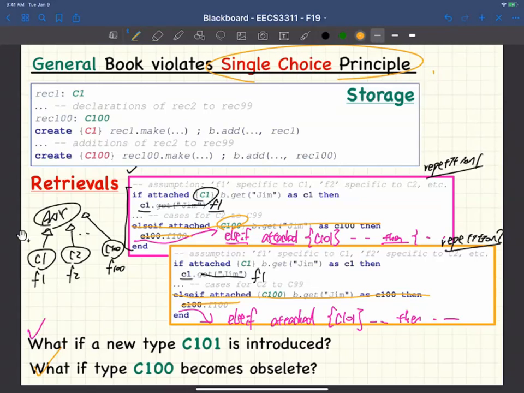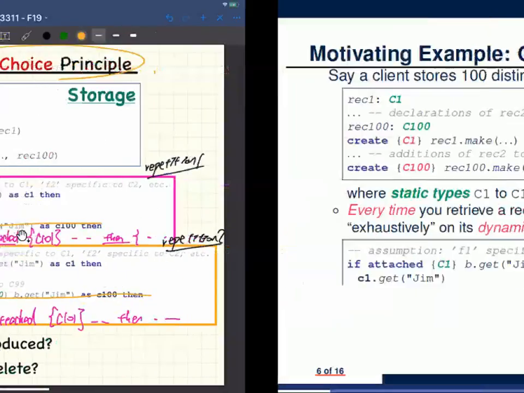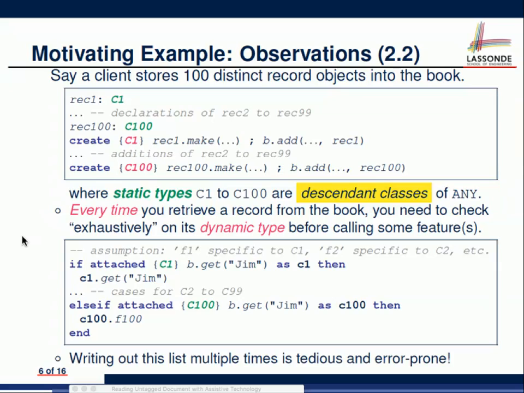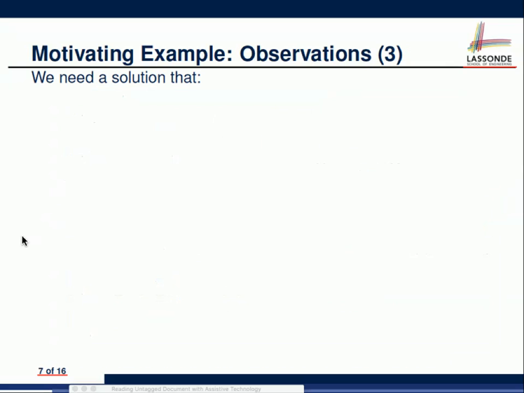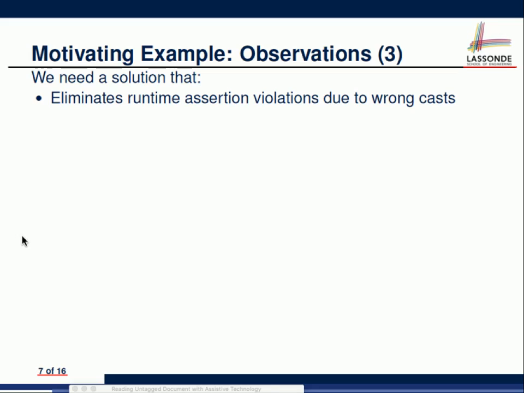Now, how can we fix it? How can we have a solution that satisfies the following criteria? Let me just go over some slides very quickly, and then we'll talk about the solution. Number 1, we don't want to have any cast. Furthermore, even if we have a cast, we can have some runtime assertion violation, as we saw.